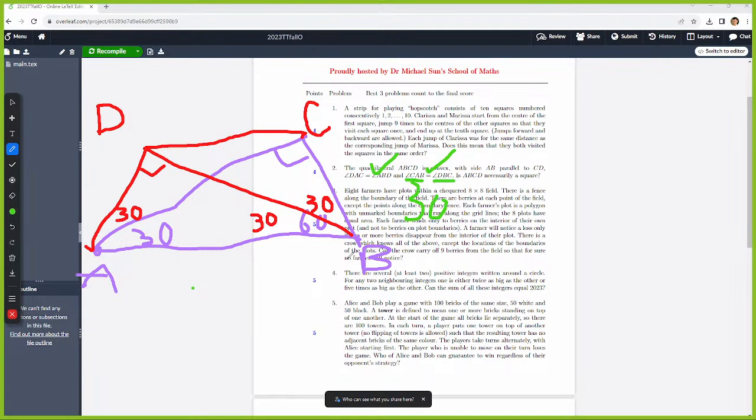How do we check that CD is parallel to AB?